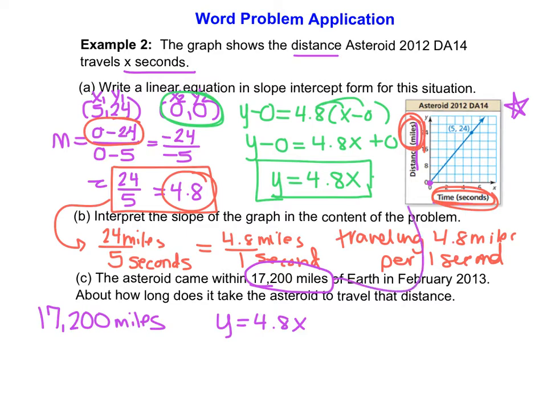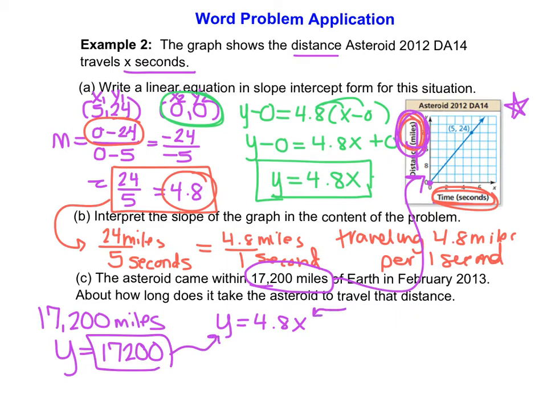And if I take a look up here at my graph, what I notice is that miles is on the y-axis. So what this is really telling me is that this 17,200 represents the y value. So we can take this value and we can substitute it in for y and find x, which will tell us after how many seconds that asteroid traveled that distance. So if we take our original equation and we plug that in, so 17,200 is equal to 4.8x.